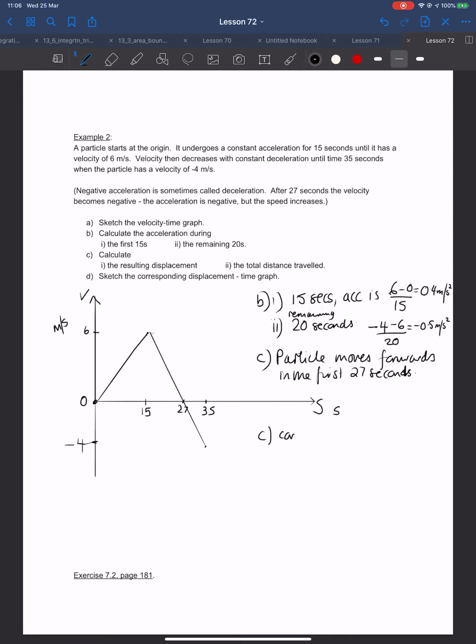C continued. The area of that triangle, 1/2 base times height, 1/2 times 27 times 6. So it's 3 times 27, 81 meters. And that's the displacement.